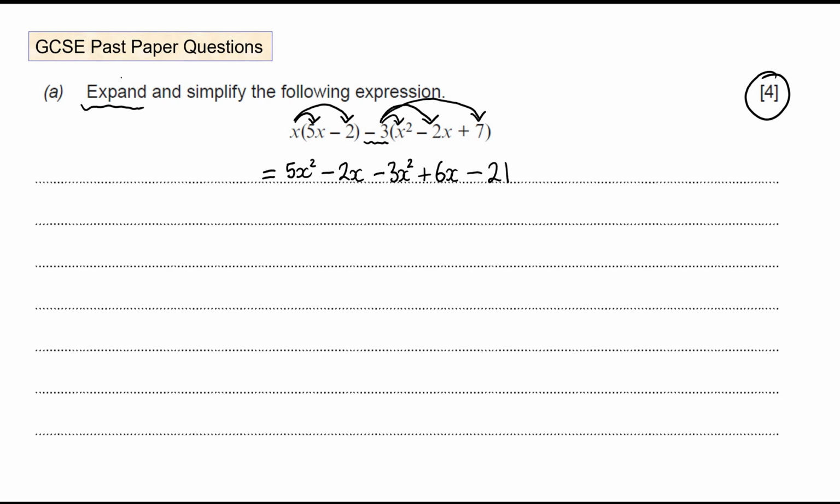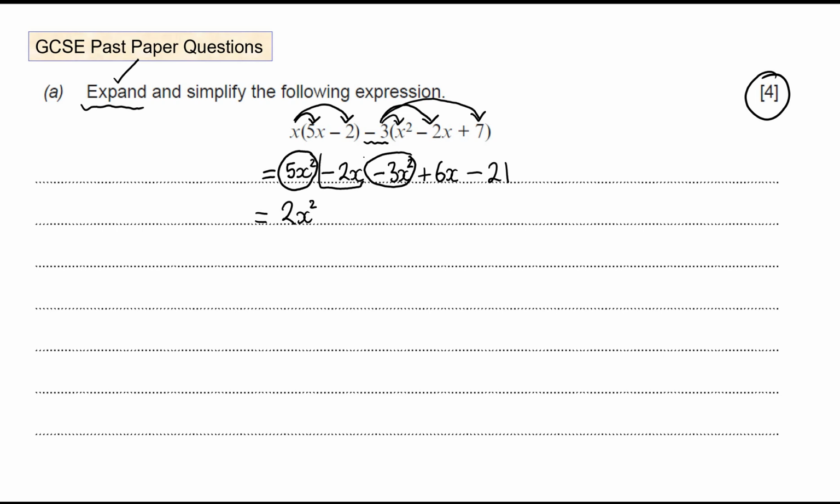So we have expanded the expression, and now what we need to do is simplify. So we simplify by collecting like terms. So I always circle the first term. 5x squared, is there a like term to that? Yes. Minus 3x squared. 5x squared minus 3x squared will be 2x squared.